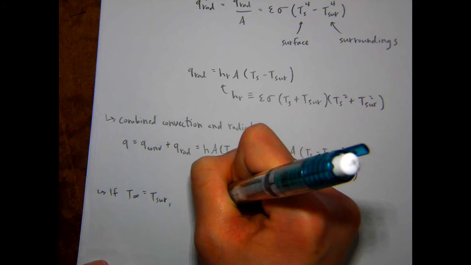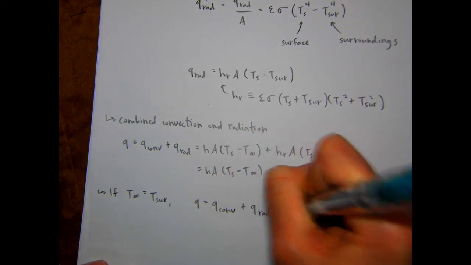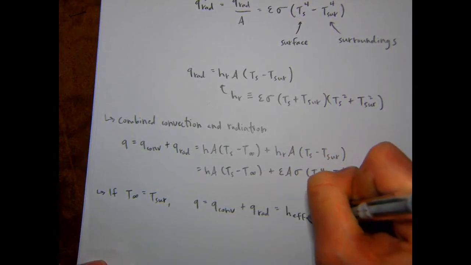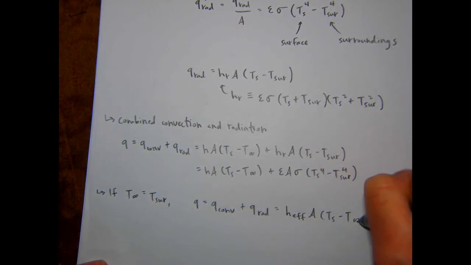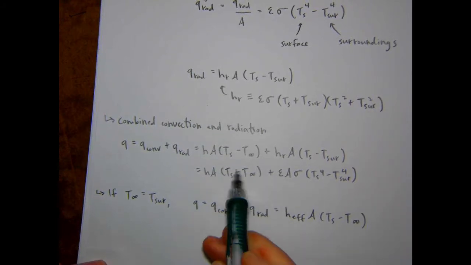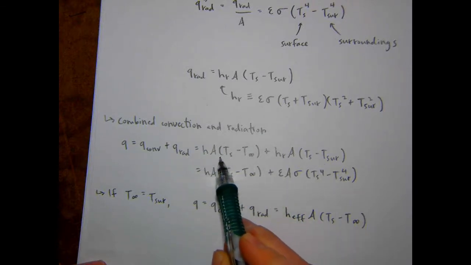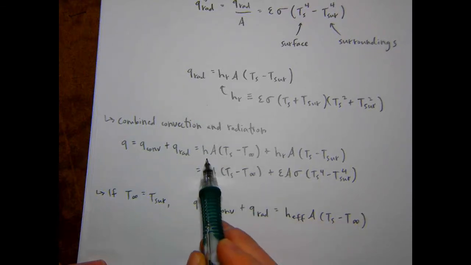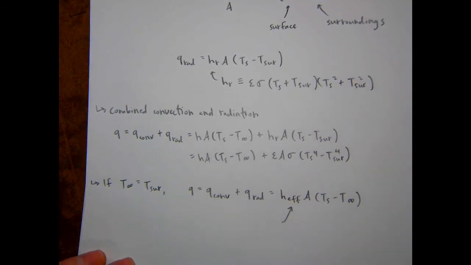Then you can write the total Q as convection plus radiation, which is equal to this effective H times area times Ts minus T infinity. So here we've just said, okay, the temperature of the surroundings is equal to T infinity. We're going to factor out this A times T sub S minus T infinity, and then we're just left with this H plus H sub R. So it's just this lumped parameter that includes the combined effects of convection and radiation.